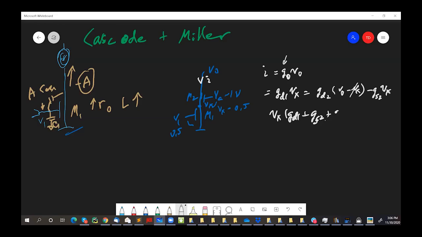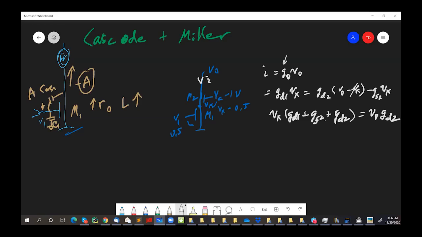GS2 plus GD2 equals VO GD2. Okay, so now, is that correct? I moved all the Vx terms over to the left. That's correct.